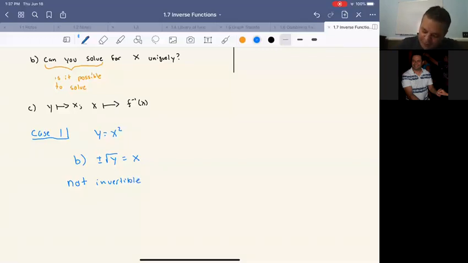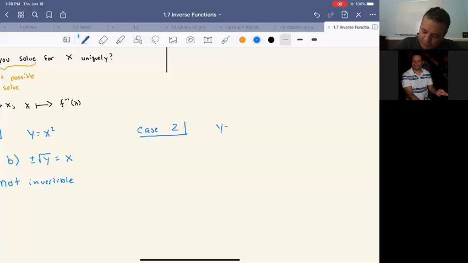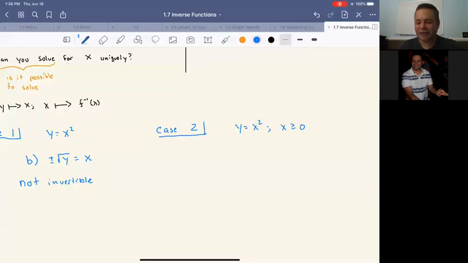Let's take a look at case 2. Our second case we took y equals x squared, x greater than or equal to 0. I don't need to say strictly, it's greater than or equal to 0. Now when I take the square root of both sides, I get the square root of y equals x.